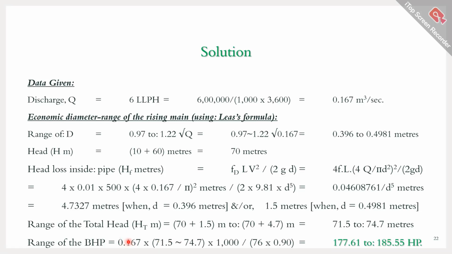So that's why we have calculated Q, H and rho in SI units. Okay, divided by 0.9. This is the efficiency. So these four terminologies I hope you have understood.